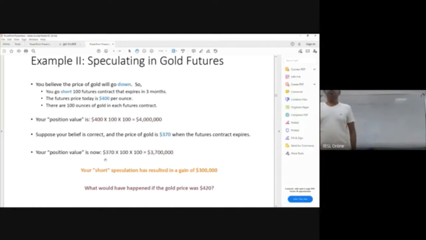Second example, you believe the price of gold will go down. Right? So the first thing you should realize, if it's going down, is you need to go short. So you go short 100 futures contracts at 3 months. The futures price today is $400 an ounce. There are 100 ounces of gold in each futures contract. Okay, so it's identical to what we did earlier.